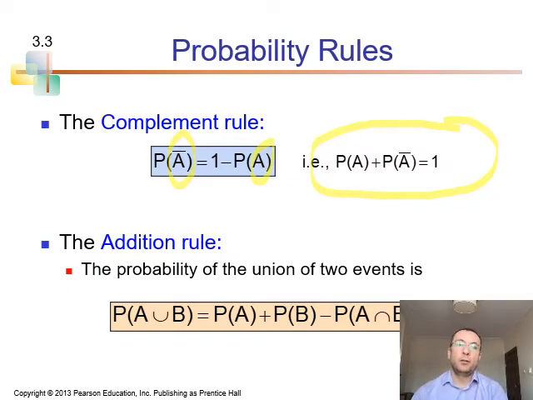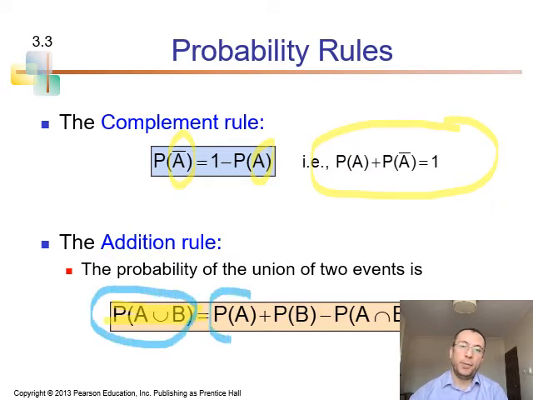Now, the addition rule, the probability of the union. The probability of A union B is equal to P(A) plus P(B) minus P(A intersect B).